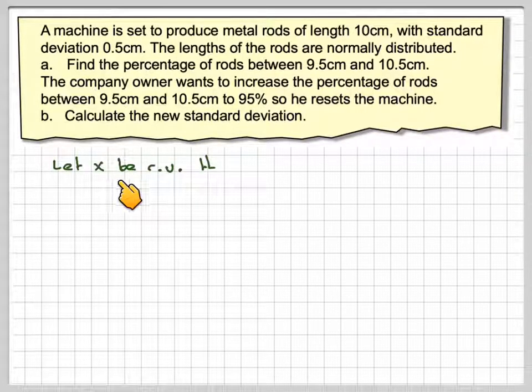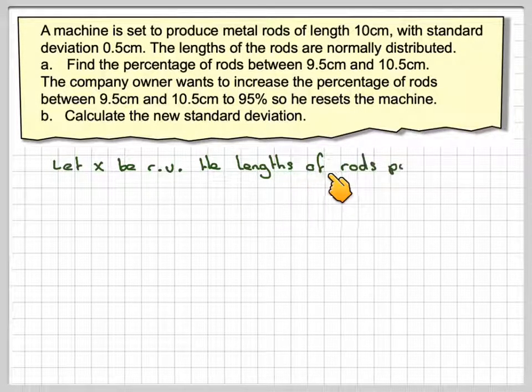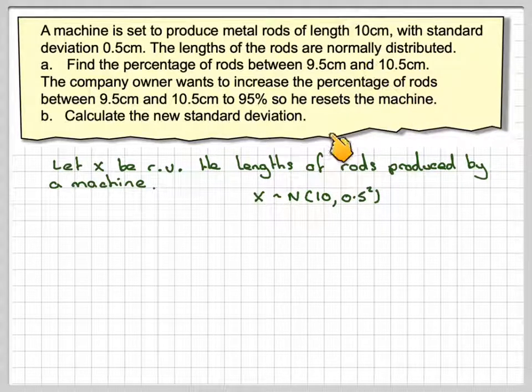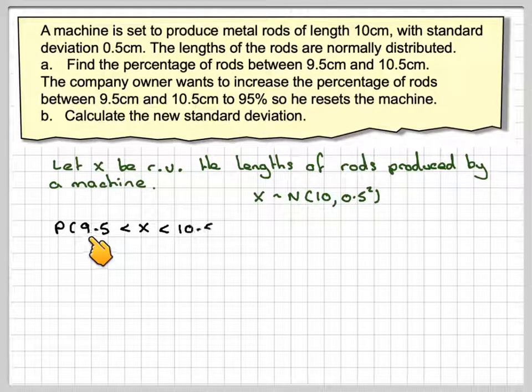So let X be the random variable, the lengths of the rods produced by the machine. We want the rods to be 10 centimetres, and the standard deviation is 0.5, but we write the variance as 0.5 squared. We want to find the probability that a rod lies between 9.5 and 10.5.